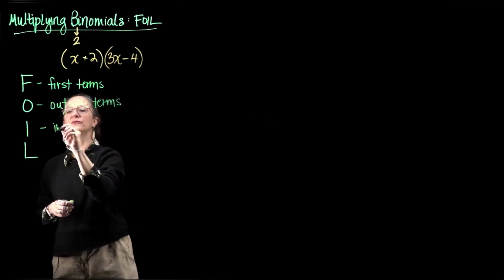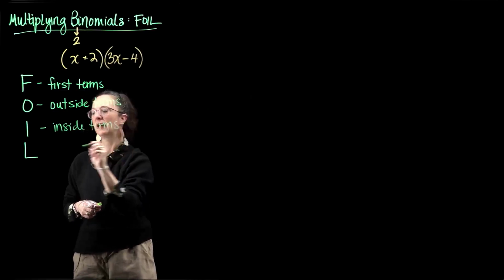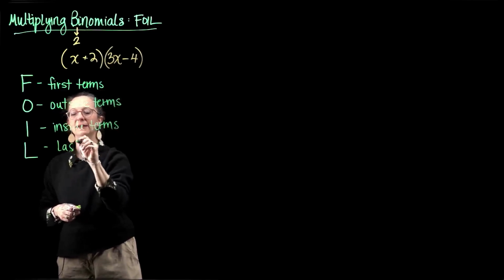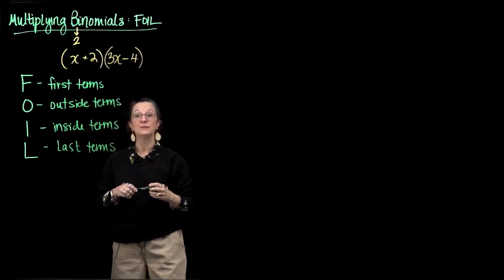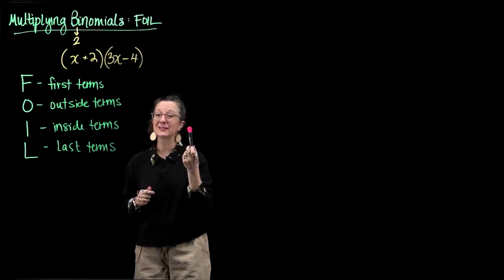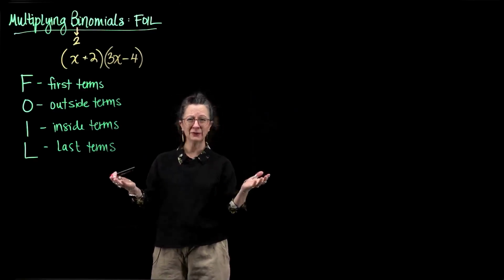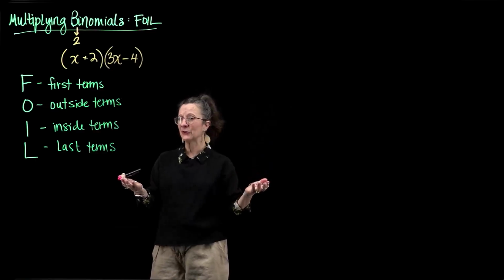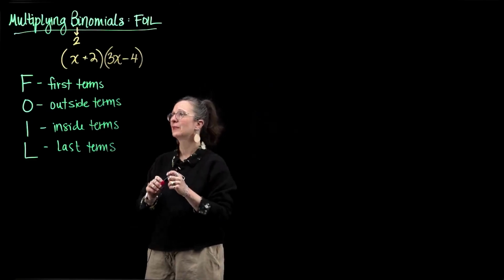The I for inside terms. And the L for last terms. Okay, so what does that mean? Now, I want to tell you, I draw these little arrows every time I FOIL. Every time. And I have a master's degree in math, so it's okay to draw the arrows every time.